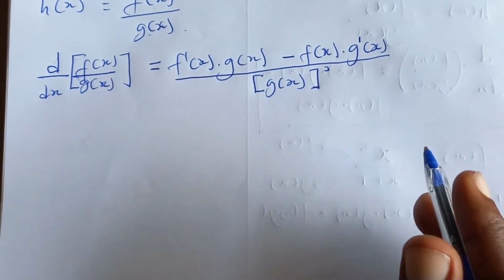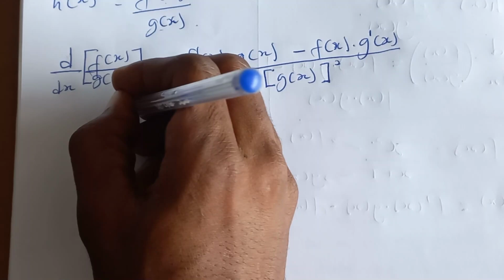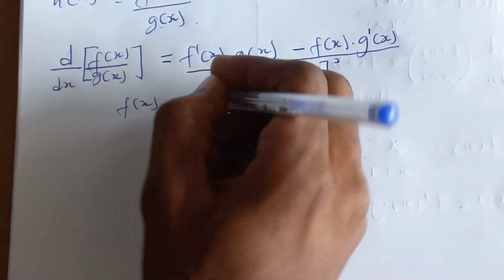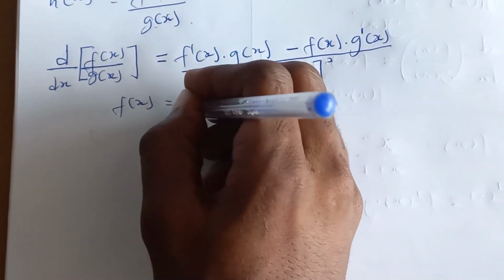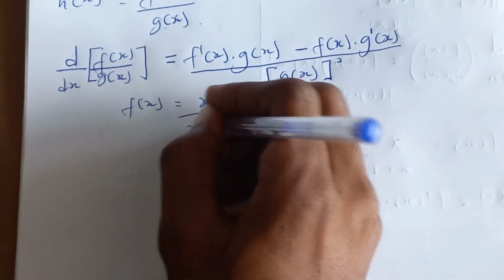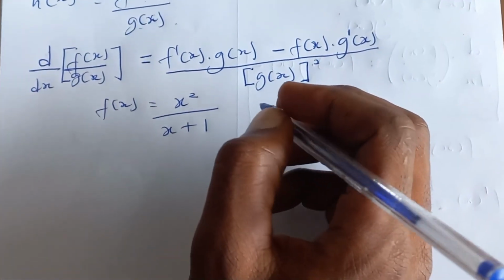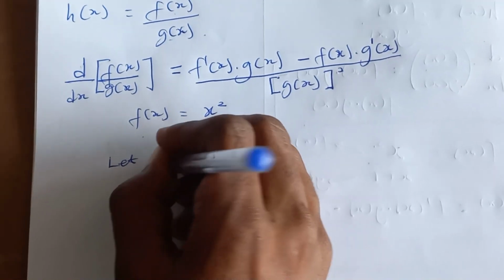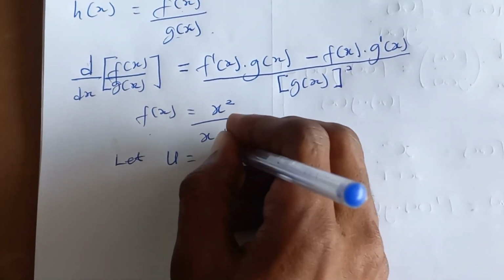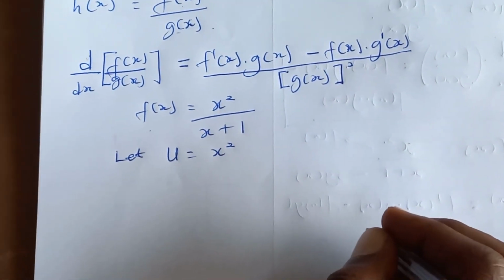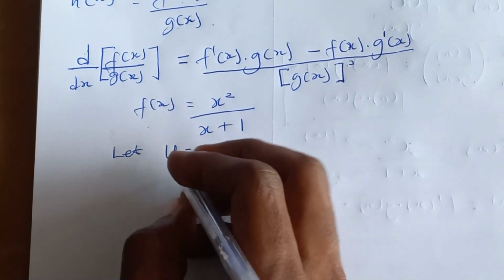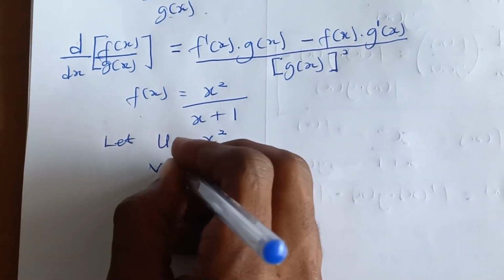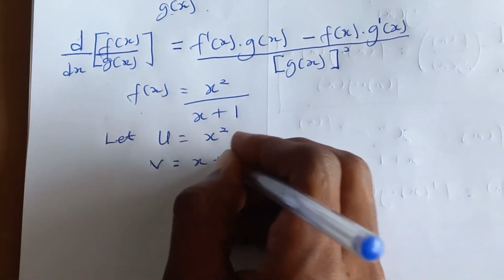Now let's come to our main question, which was f of x is equal to x squared over x plus 1. Now let u be equal to x squared, then v to be x plus 1.